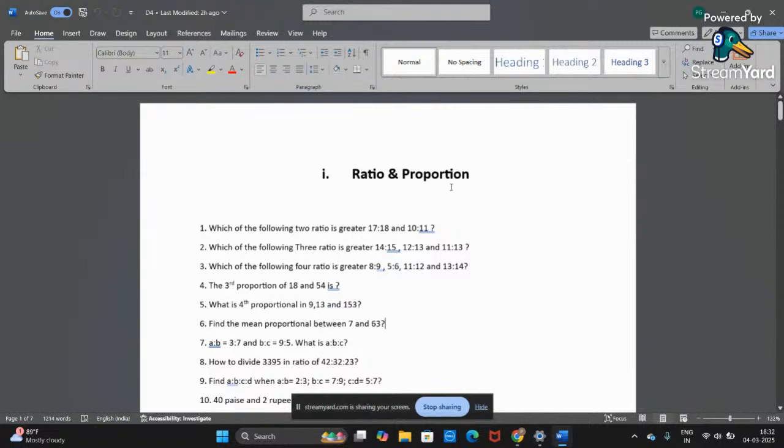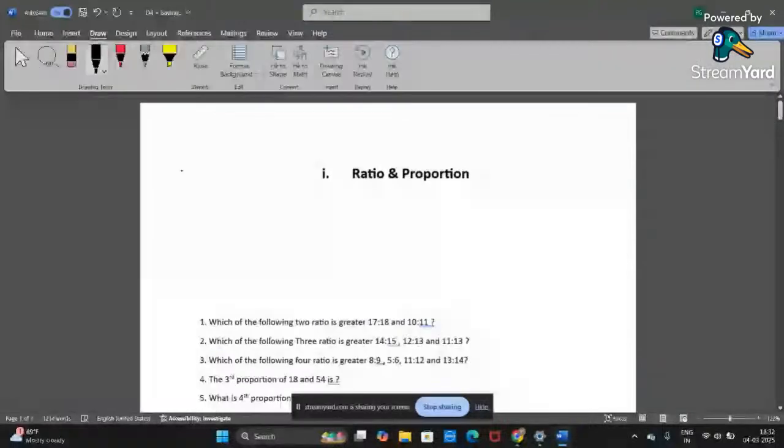Let's start with ratio and proportion. Why do we call it a ratio? When there are two quantities, for comparing, we call it a ratio. For example, let's say P's speed is 5 times Q's speed.